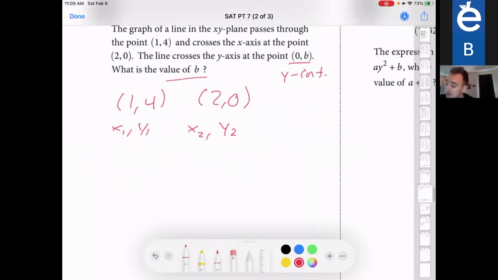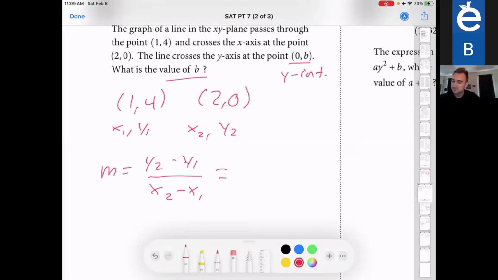Well, if I want to represent, I need an equation of the line, right? And if I write an equation of the line, then I can try and find out what this b value is. But to do that, I need the slope. So I need to find m, a variable for slope. And I know that that formula is y2 minus y1 over x2 minus x1.